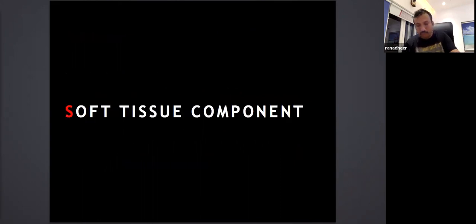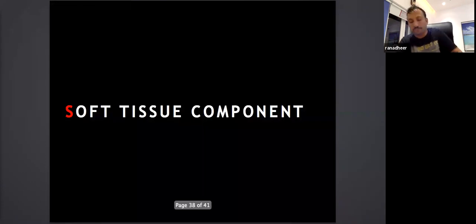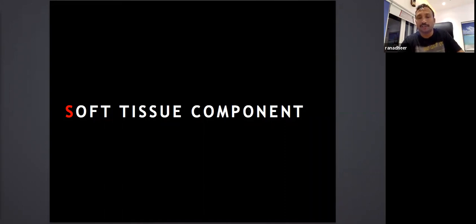So now we have known site, transition zone, age, matrix, margins, periosteal reaction, and the last is soft tissue component. The soft tissue component is more typical of metastasis unless proven otherwise. It is seen in renal cell carcinoma, thyroid carcinoma, and in some sarcomas.